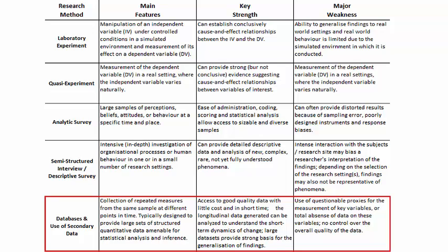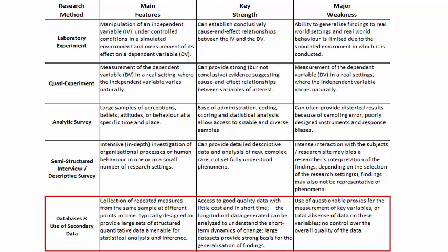The major weakness of using secondary data is that the proxies you may be using for your research in relation to that data may be questionable, may not be ideal because it wasn't you collecting that data in the first place. So such data is collected for generic purposes or for specific purposes, but possibly quite different from yours in your research.